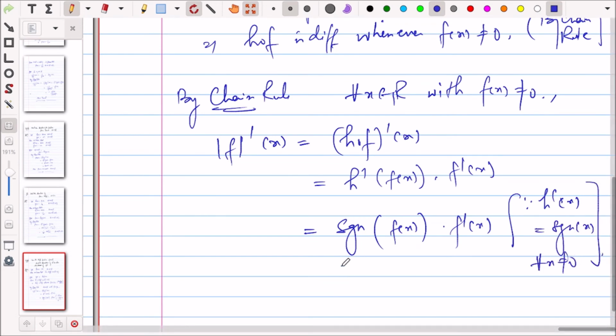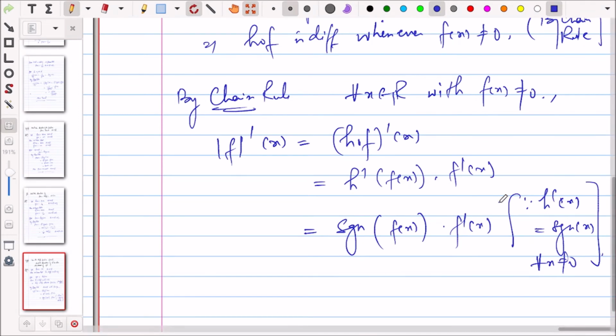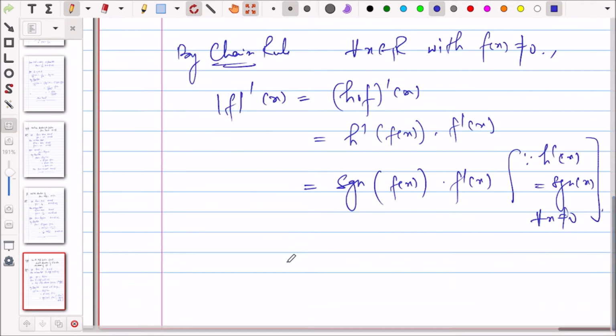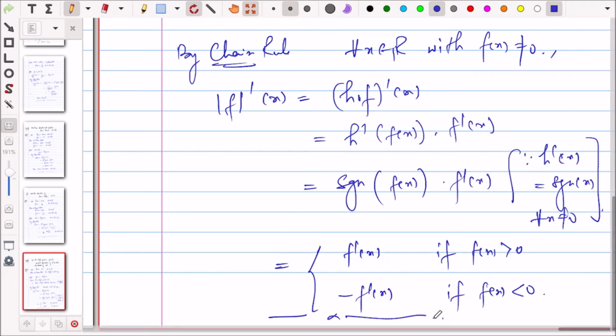Signum function of fx into f dash x. Okay, so this is the function mod x. So this is equal to f dash x if fx is greater than 0, and minus f dash x if fx is less than 0. Okay, is it fine? So this is your derivative of mod fx. Fine? Yes. Yes, sir.